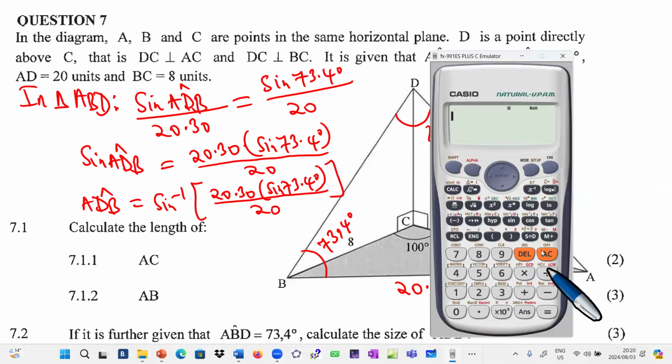Shift sine of the fraction 20.30 multiplied by the sine of 73.4 degrees over 20, close bracket, equals 76.58.